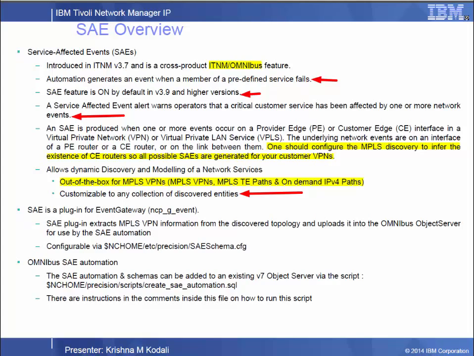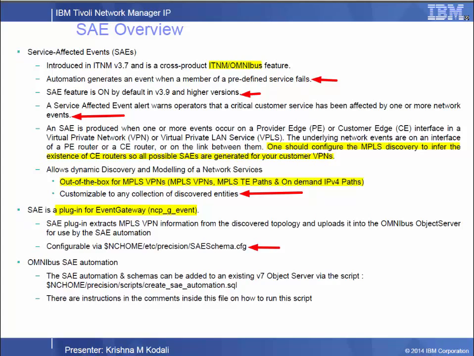SAE used to run as a separate process in earlier versions. From 3.9, it is a plugin for the event gateway process. This can be customized. Say you want to modify the out-of-the-box SAE events, you can enhance or enrich them in some of the configuration files, which I'll cover in a later video.